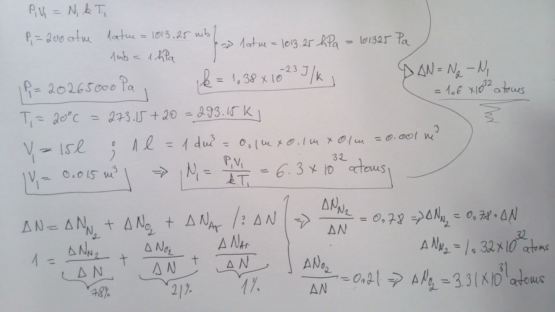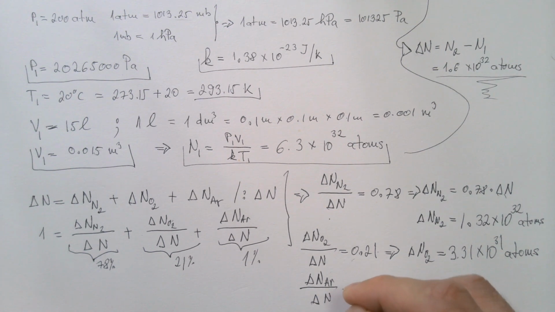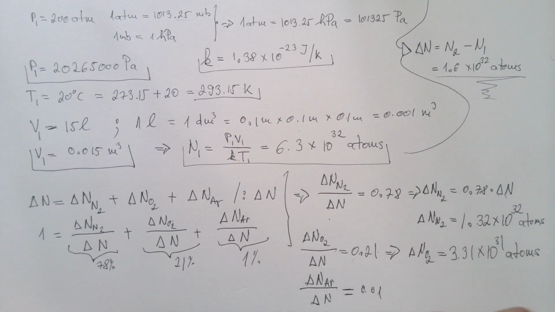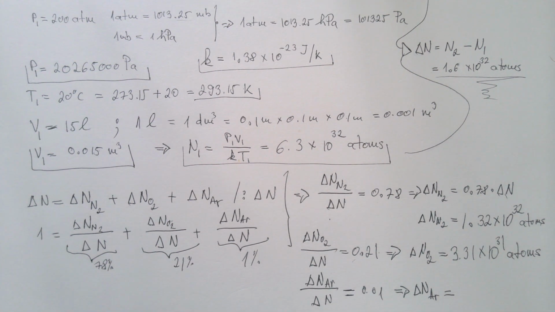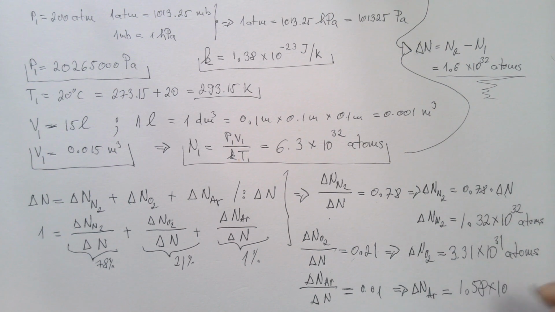And lastly, delta n for argon atoms divided by total delta n is equal to 1%, that would be 0.01, or I get that delta n for argon atoms is equal to 1.58 times 10 to the power 30 atoms.